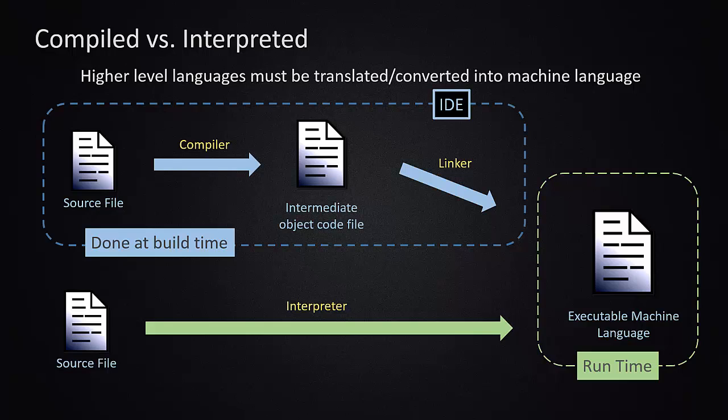A lot of people nowadays use this compiler and linker model together in the source code editor as well, together in what we call an integrated development environment. A lot of people don't even know anymore that they are in fact using a compiler and a linker. In an IDE, they will have a run button, for example, or a build button.